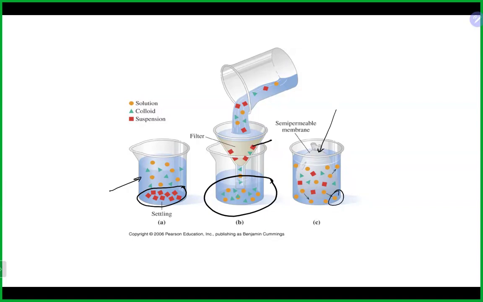You've got the bag, let it go for so long, test the water or liquid outside the bag to see what came out. Eventually you'll pop that bag open and see what's still trapped inside. You should be able to see the solution molecules flow in and out of the membrane. The colloids and the suspension should get trapped there. Then you could filter what's in there through a filter, and you'll see your suspension get trapped on the filter paper. Any questions on that there?